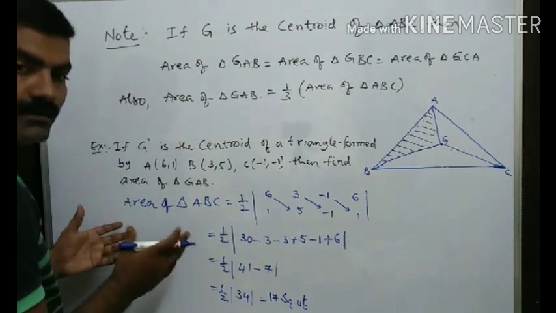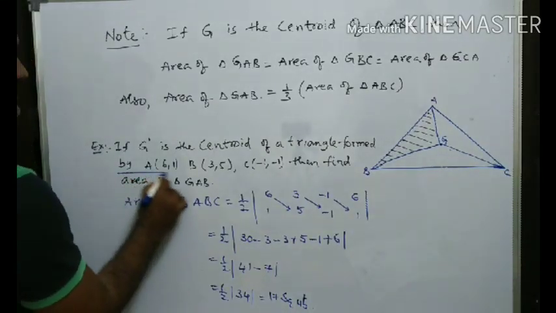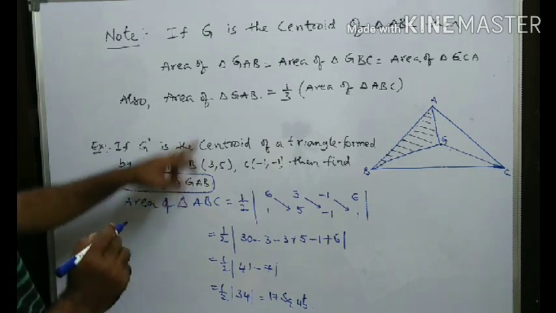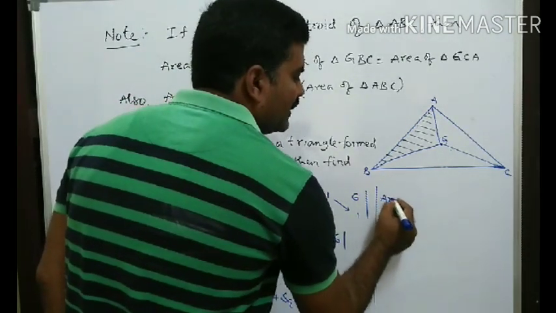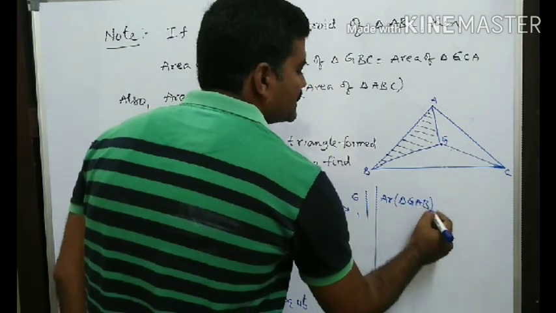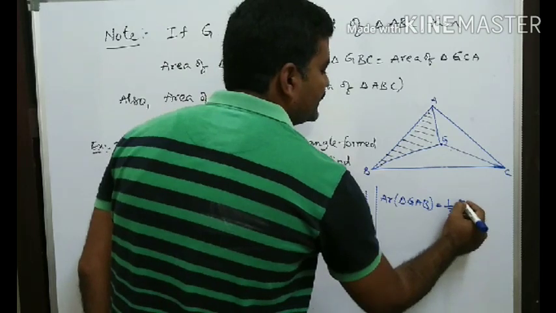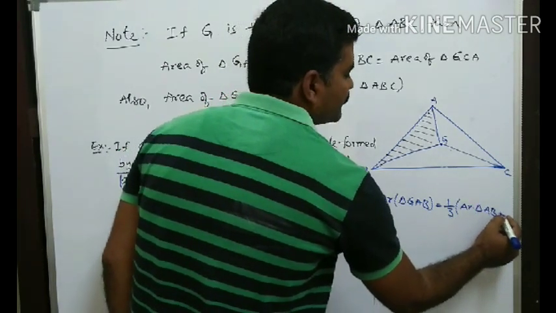This is the area of triangle ABC. But we don't want area of triangle ABC. We want area of triangle GAB. Therefore, the formula for area of triangle GAB is nothing but 1/3 of area of triangle ABC.